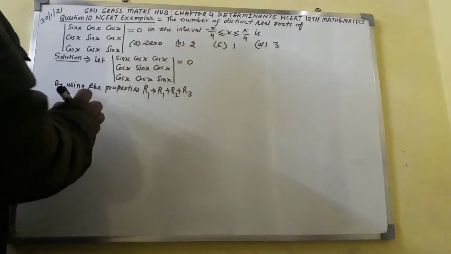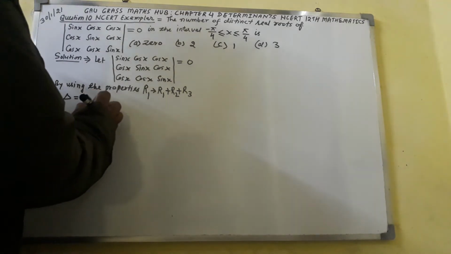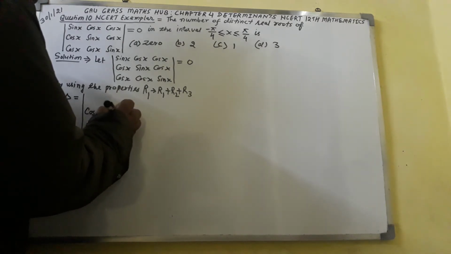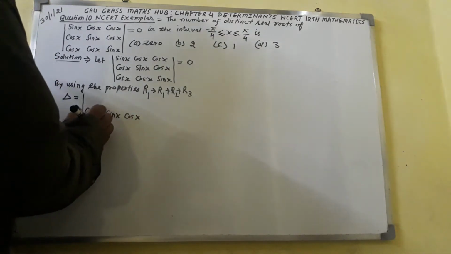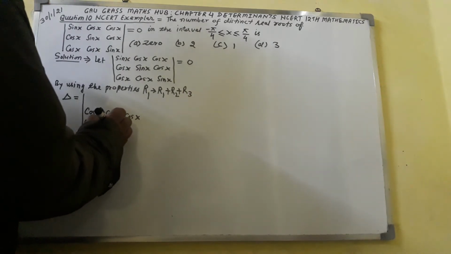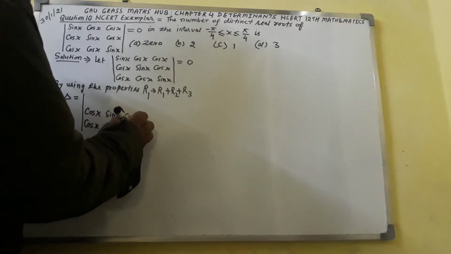So the second row I shall write as it is: cos x, sin x, cos x, and the third row as it is: cos x, cos x, sin x.